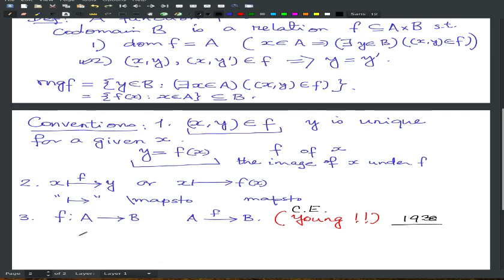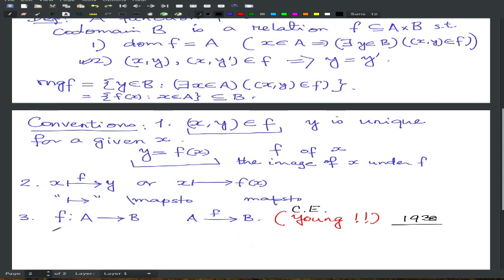Functions kind of give a picture of a transformation, as if you're transforming the elements of the domain into elements of the codomain B. And properties of these functions is what we are going to study.